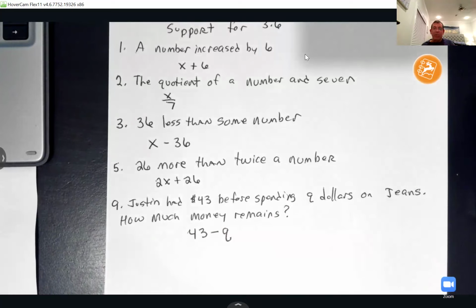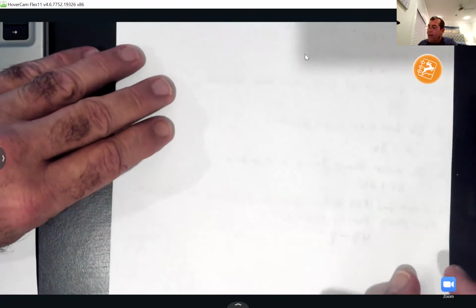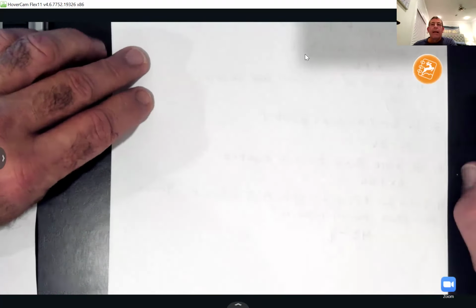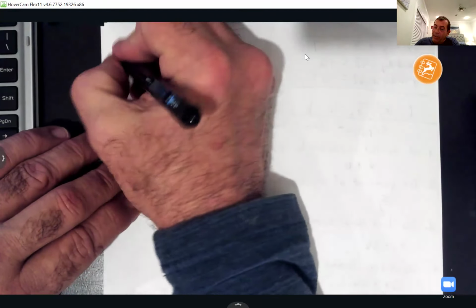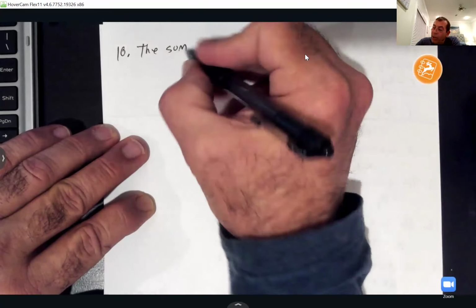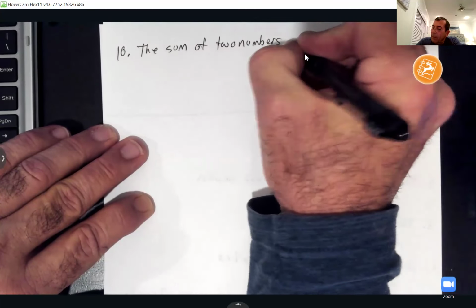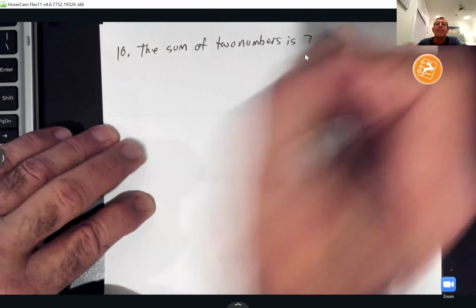All right, y'all. So number 10 was the last one for support. Now number 10 will be minor compared to 3.6 on Thursday. So check this out. The first sentence says the sum of two numbers is 7.